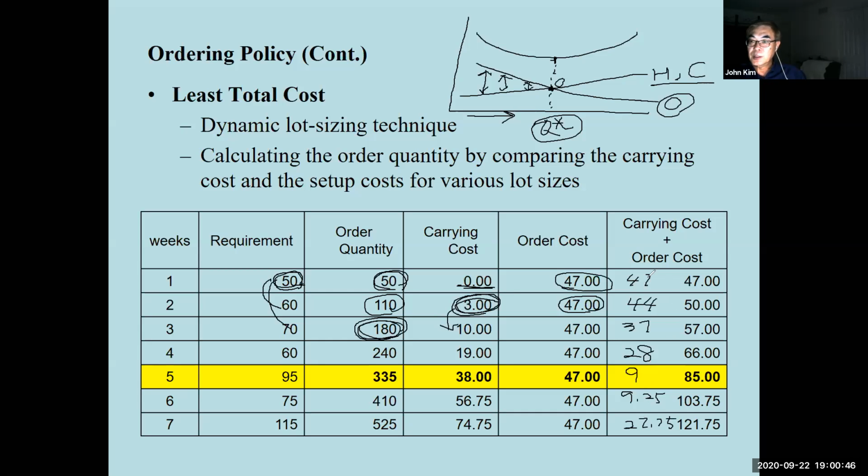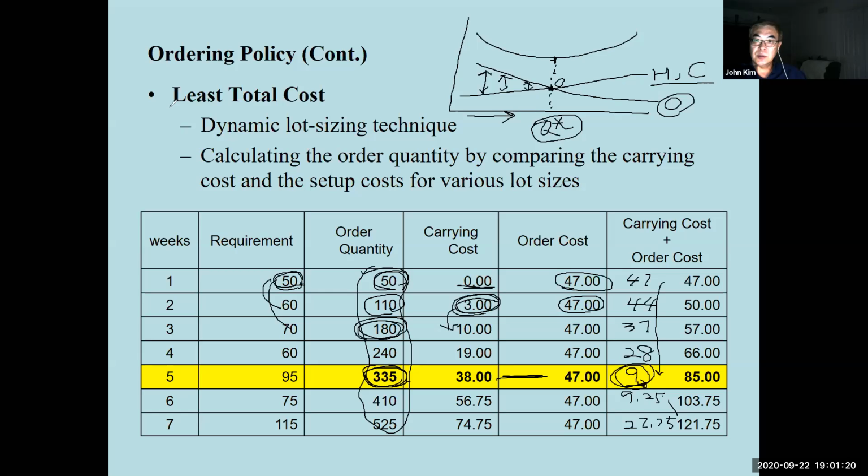So the difference between carrying cost and order cost decreases and then increases again. Among those order quantities, when ordering this one, 335, the difference between carrying cost and order cost is smallest.